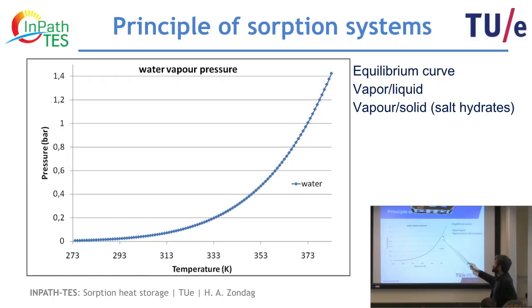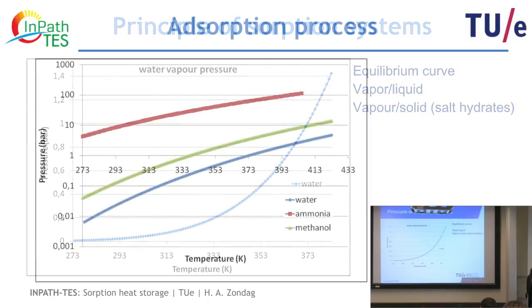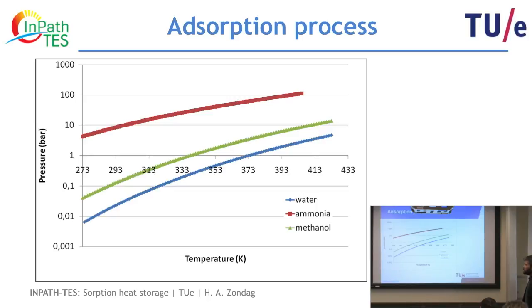So this is for water vapor. Now I put here vapor pressure versus temperature, again for water and also for methanol and ammonia. Note that now I plotted this on a logarithmic scale. So the curve for water is exactly the same, but now plotted logarithmically. And as you can see, this is still at 1 bar, which it should be.